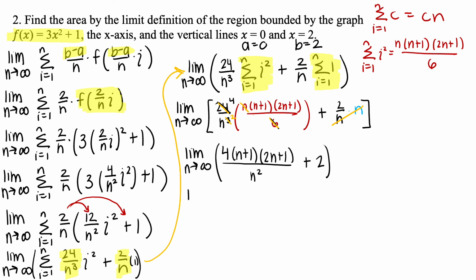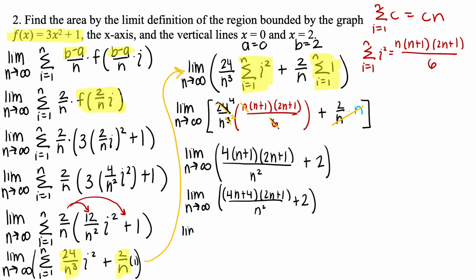So I have the limit as n goes to infinity, multiplying my 4 into my n plus 1. I get 4n plus 4 times 2n plus 1 all over n squared, plus 2. And then I'm actually going to FOIL that out.